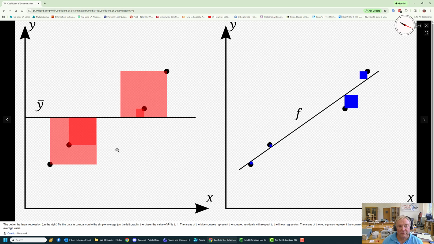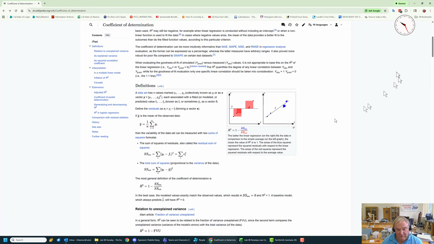You see there's the average here, and the total sum of the squares is the data point minus the average, squared. So that's the red areas. And then we divide the blue areas by the red areas.